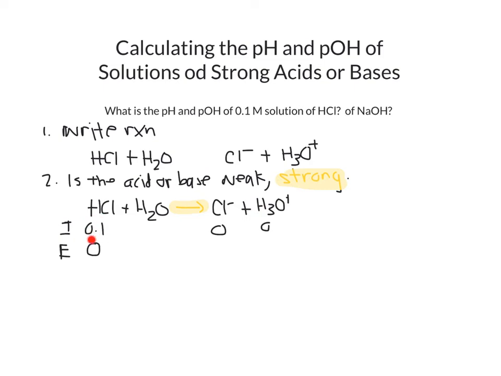So if I have 0.1 of these, I make 0.1 of these and 0.1 of the H3O plus. So at the end, I'm going to have a 0.1 molar solution of Cl minus and a 0.1 molar solution of H3O plus.